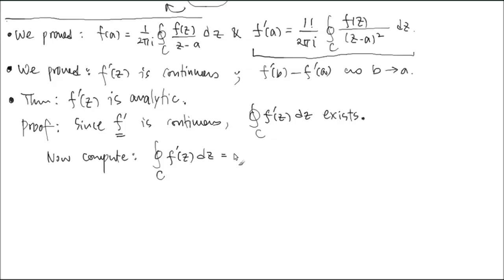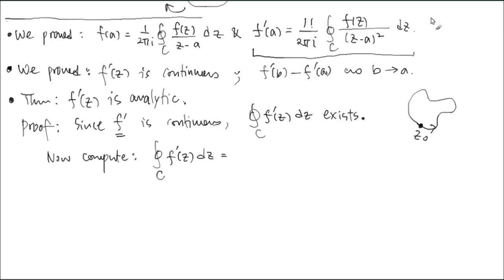What is the antiderivative? So let's say c looks something like this. It doesn't have to be simple. It starts in here and ends there, things like that. We started with f and it differentiated to f prime. So the antiderivative of f prime is f, right? And f is analytic. It's defined everywhere.